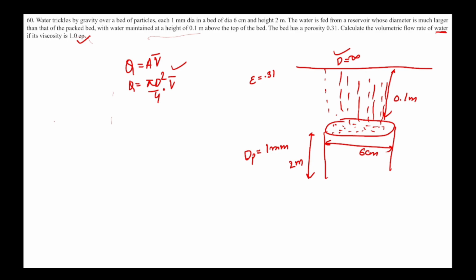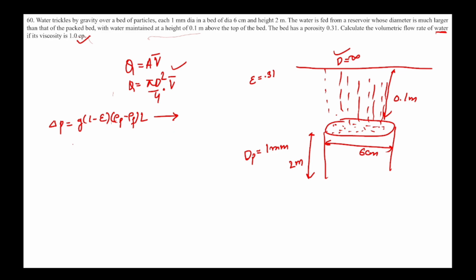We know that del P is equal to g (1 minus epsilon)(rho P minus rho F) into L. This is the only equation we could apply in the packed bed, but it is for fluidization, just fluidizing the bed. For this particular question, I feel that some data is missing.